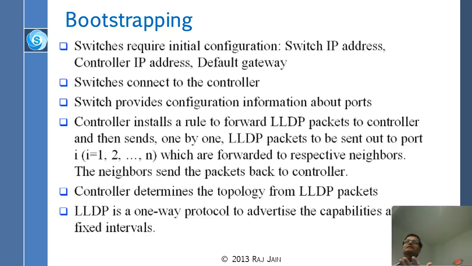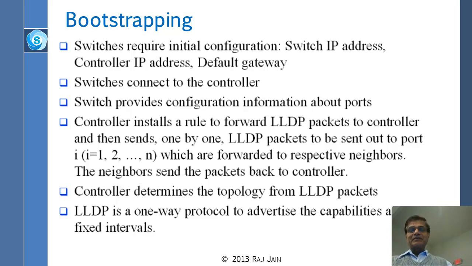So all the responses go back to the controller. Now the controller knows what you are connected to, where you are in the world, what their speeds are, and what their capabilities are. You have already told your capabilities, but now I know your neighbor's capabilities, and so now I can tell you exactly how to do your forwarding.